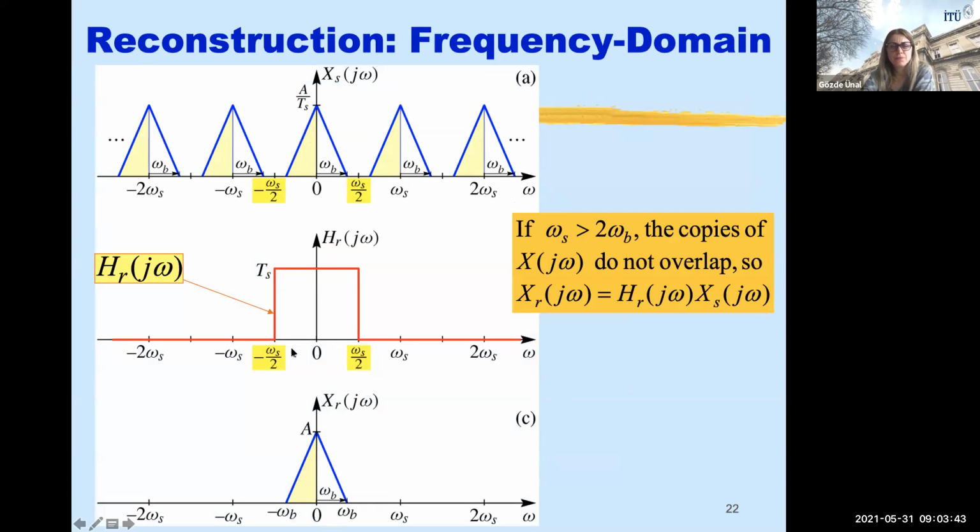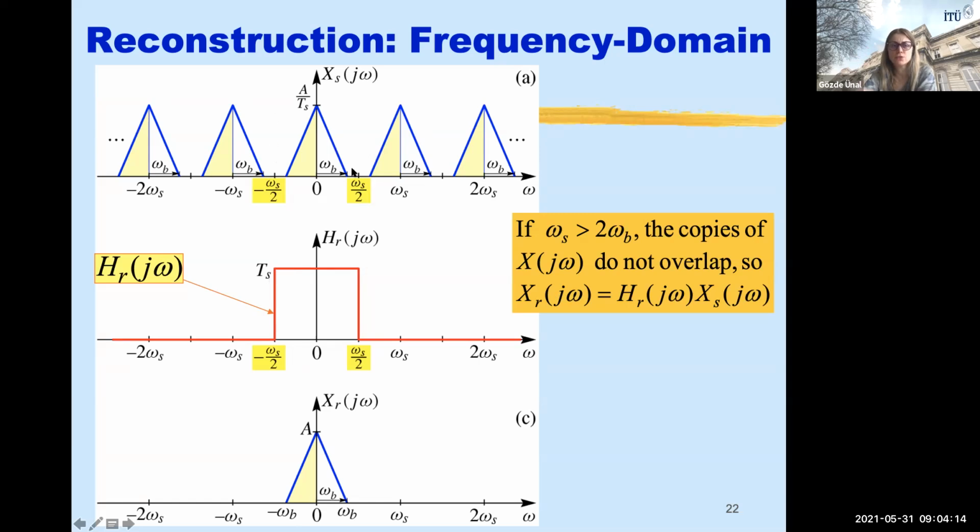Now, the reconstruction filter, if we sample the signal correctly, meaning the sampling frequency was at least twice the bandwidth WB, the maximum frequency in the signal, the copies of X of j omega did not overlap, as in here. So if we now pass this signal through a reconstruction system, meaning a discrete to continuous converter, it's a low pass filter actually.